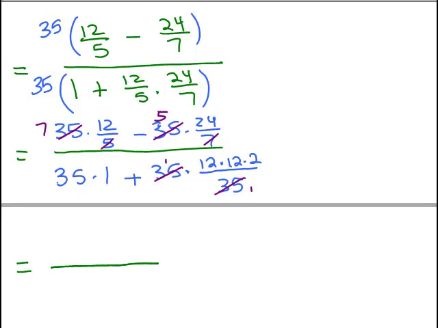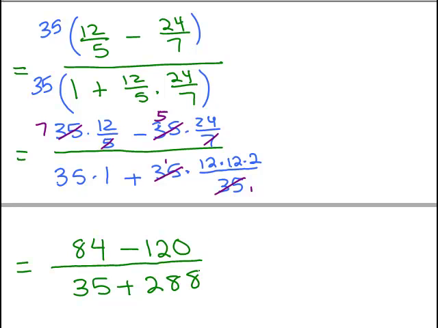The easy part is the formula. The harder part is doing all your arithmetic here. So I've got 7 times 12, that's 84, minus 5 times 24, that's 120. 35 times 1 is just 35, plus 12 times 12 is 144 times 2 is 288.